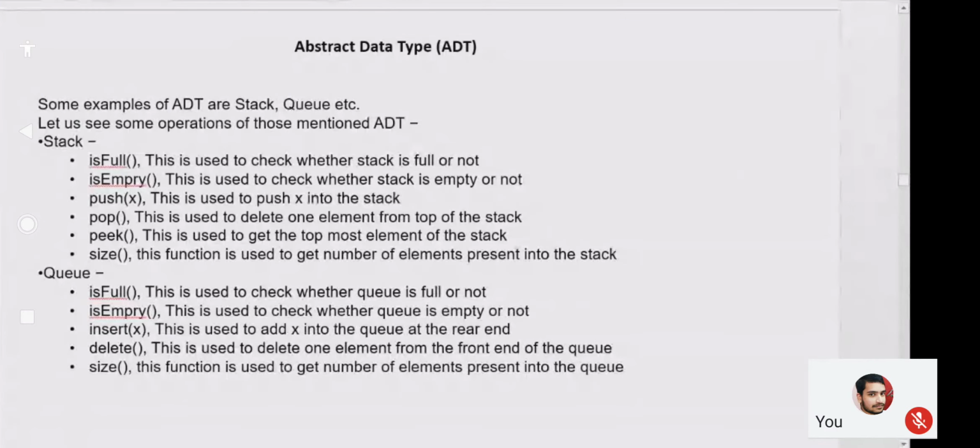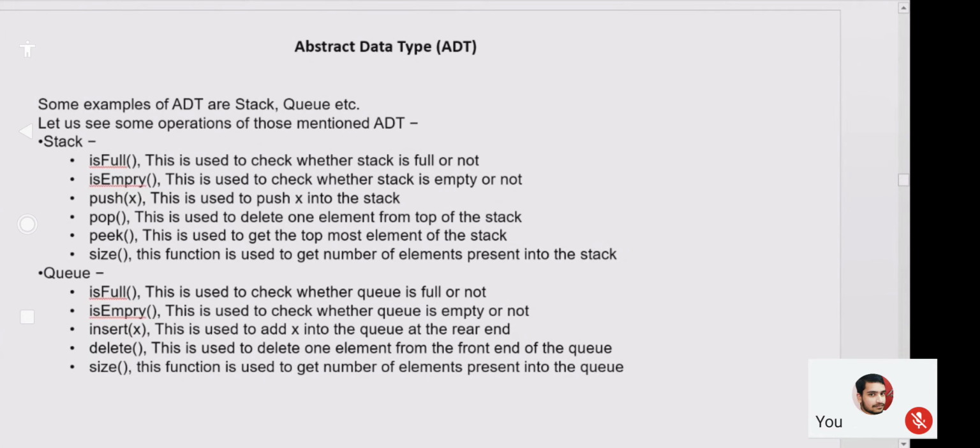If I write stack s, it means s is a variable of stack type. We will access all the elements from the stack using the functions push, pop, peep, and size or display.